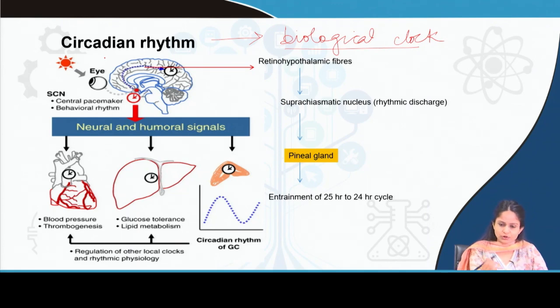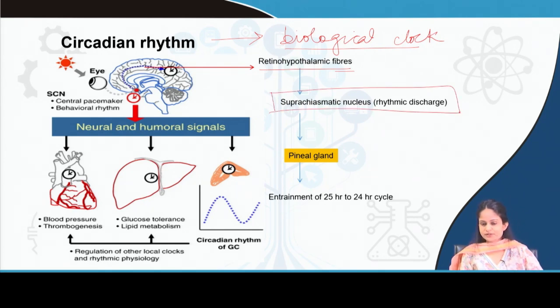Whenever there is light falling on the eyes, that signal is transported with the help of retinohypothalamic fibers to the suprachiasmatic nucleus. I told you the suprachiasmatic nucleus is present in the anterior region of the hypothalamus. It maintains circadian rhythm. The suprachiasmatic nucleus has a typical phenomenon of rhythmic or pulsatile discharge. So this will cause activation of the pineal gland.